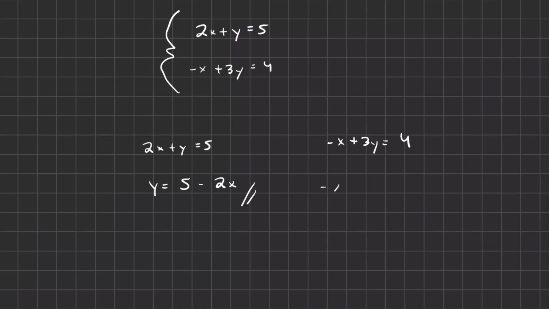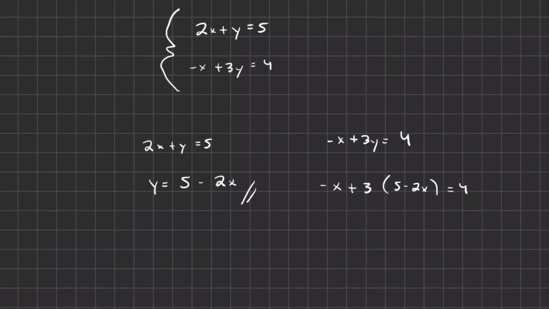So we'll have negative x plus 3 times 5 minus 2x equals 4. We can simplify, so minus x plus 15 minus 6x equals 4. Negative x, negative 6x gives us negative 7x. And then we'll subtract 15 from 4.